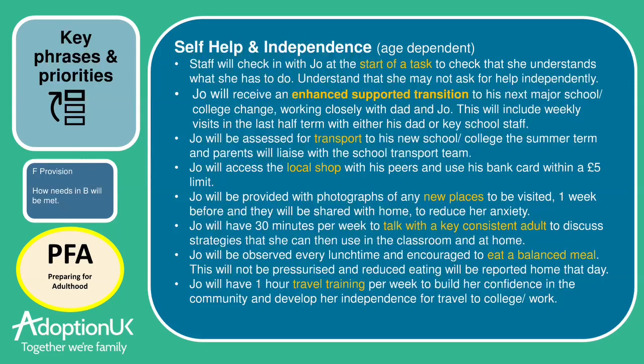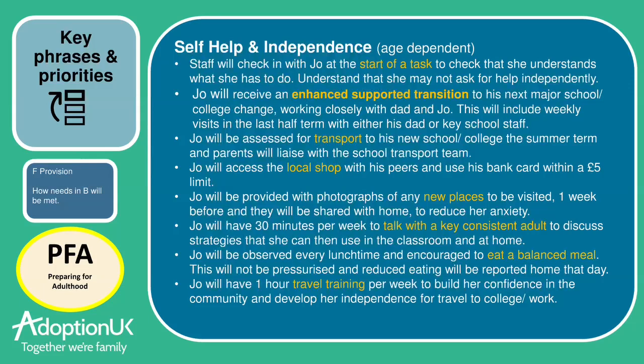Jo will be observed every lunchtime and encouraged to eat a balanced meal. This will not be pressurised, and reduced eating will be reported home that day if your child has any difficulties with eating. Jo will have 1 hour travel training per week to build her confidence in the community and develop her independence to travel to college or work.